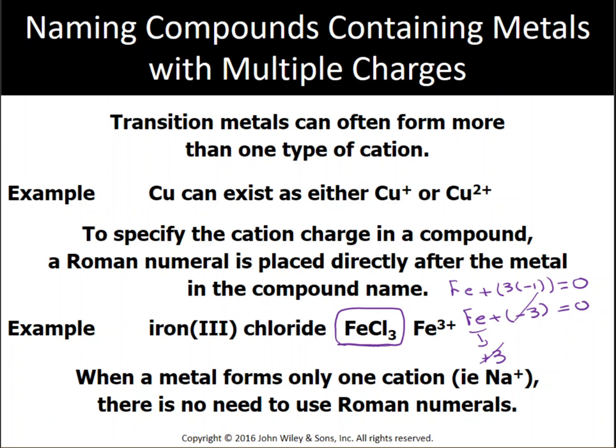So now that I know the charge of this iron here is a positive 3, in order to name it, you call this iron 3 chloride. So for Roman numerals, memorize 1 through 10, the symbols for 1 through 10.